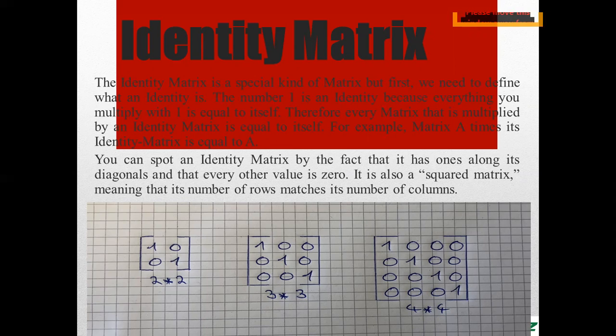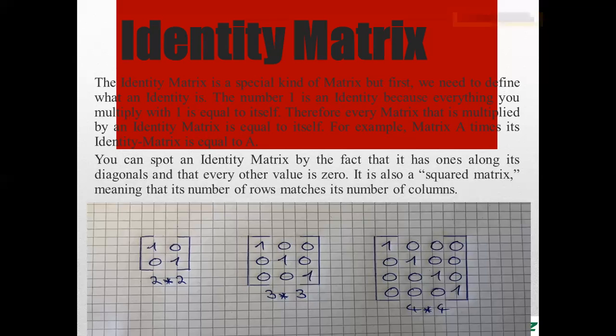You can spot an identity matrix by the fact that it has ones along its diagonal and that every other value is a 0. It is also a square matrix, meaning that the number of rows and columns are equal. And you can see a 2 by 2 identity matrix.